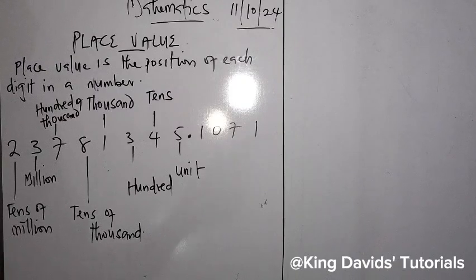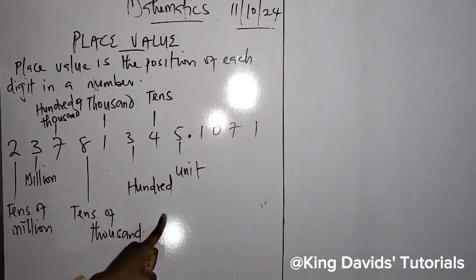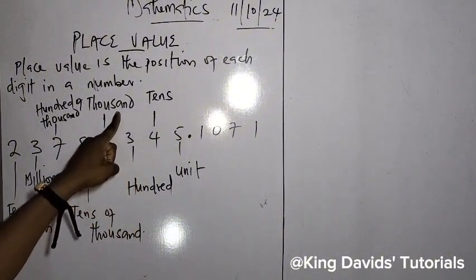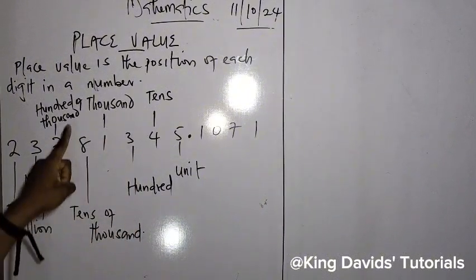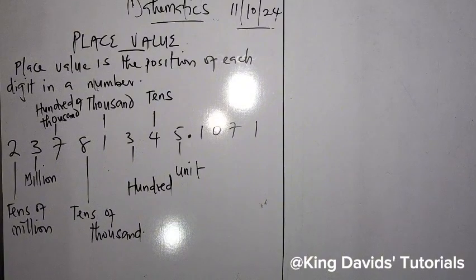That is to say, once again, units, tens, hundreds, thousands, tens of thousands, hundreds of thousands, millions, tens of millions, hundreds of millions, billions. In that same format. After billions, we have tens of billions, hundreds of billions, and then trillion.